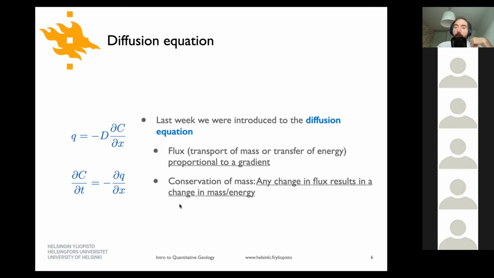And the other half of our diffusion equation was this conservation of mass piece. So any change in flux results in a change in mass or energy. So if dQ/dx changes, then there's a change in concentration over time. So if we make dQ/dx bigger, and this is a negative sign here, so if this is bigger, then we might expect the concentration to go down more, and so on.